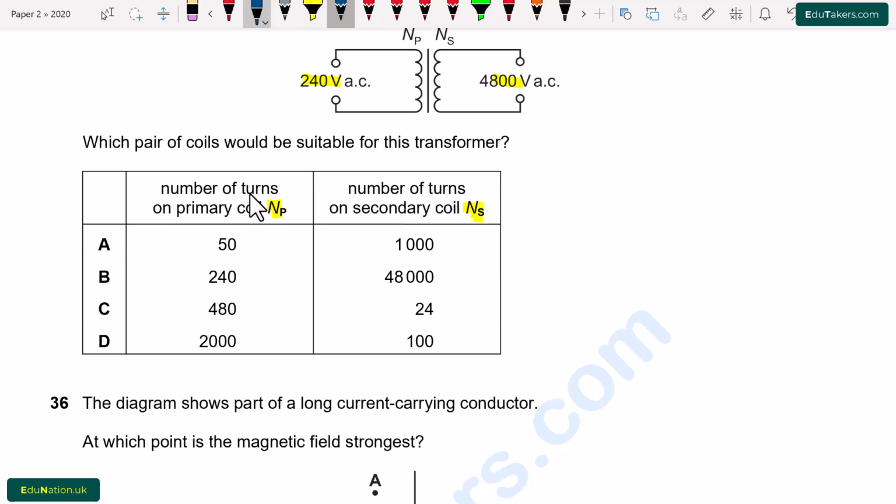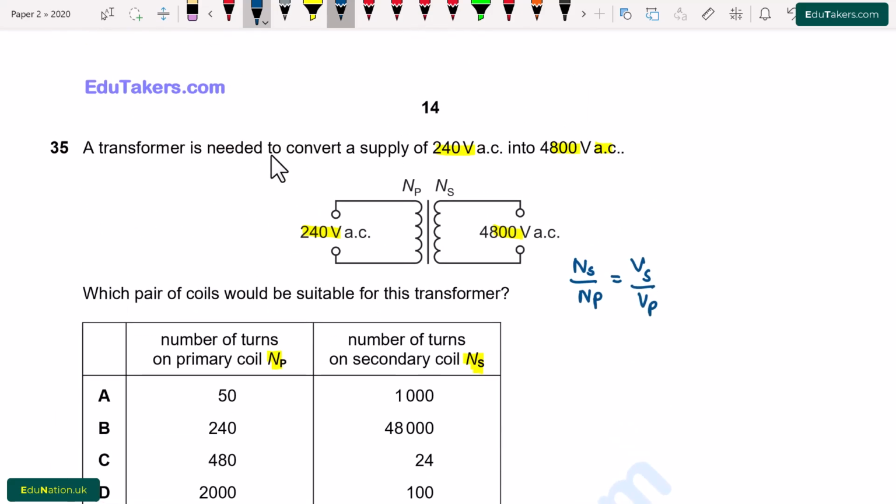So here we know that the ratio of the number of turns will be equal to the ratio of their respective voltages. It should be equal. So first of all, here will be 4800, which is the output voltage, that is for the secondary coil.